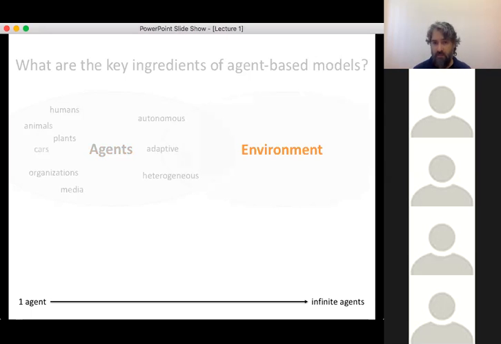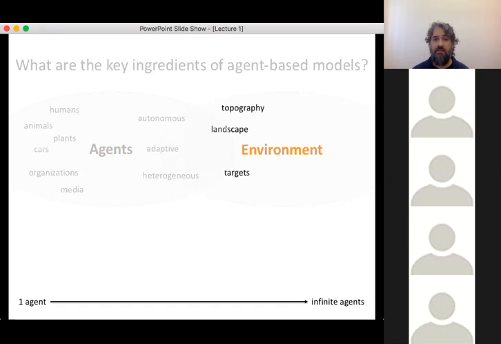What is the environment? Well, we saw even in the previous hour some examples. For example, the search strategies change dramatically when you move from a homogeneous environment to a Swiss cheese environment with holes where the agents can move from one hole to the next. So the topography of the environment matters.